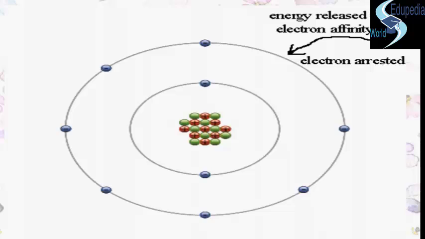The extra electron goes into the outermost shell of the atom, and this energy change is what we call electron affinity. So what is electron affinity?